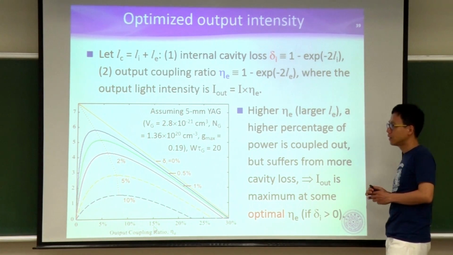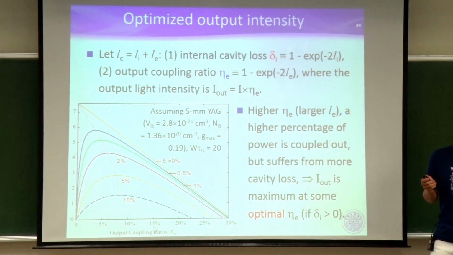Okay? So the tendency is quite evident. If you have smaller and smaller internal cavity loss, you get the curve taller and taller, right? Which means you have brighter and brighter output light intensity, which is good.